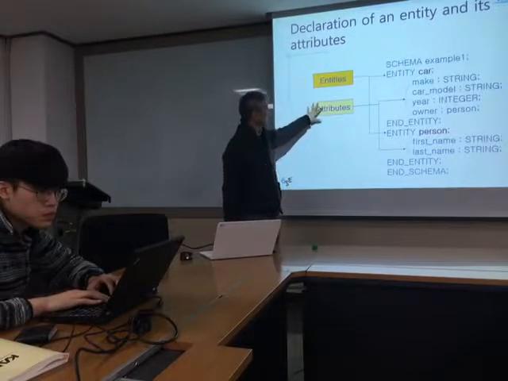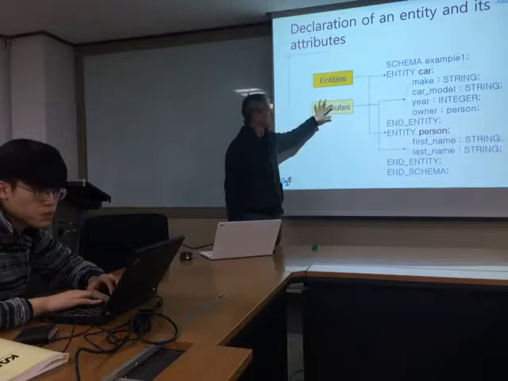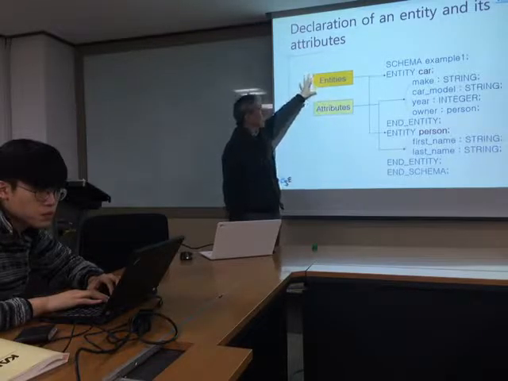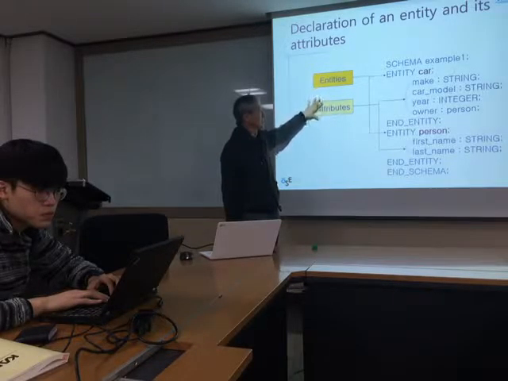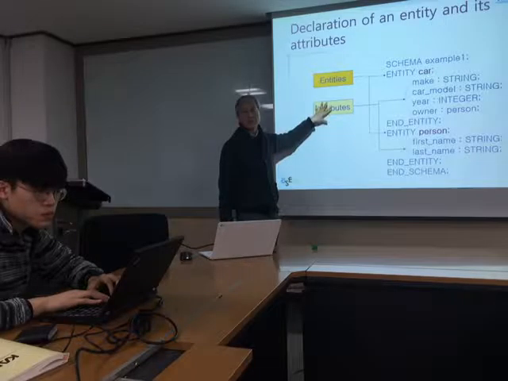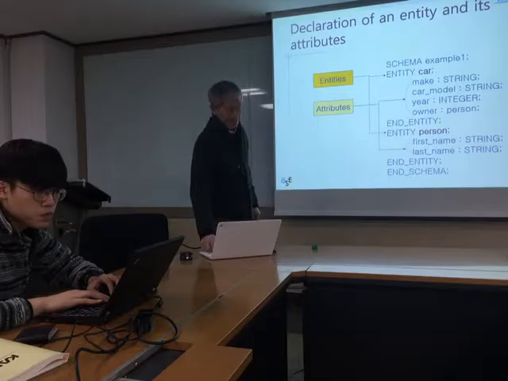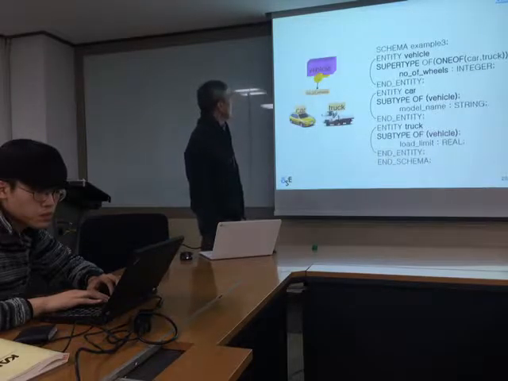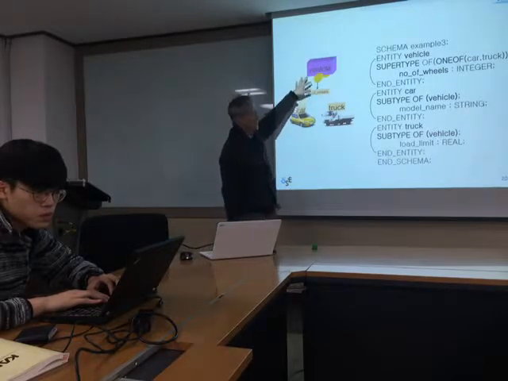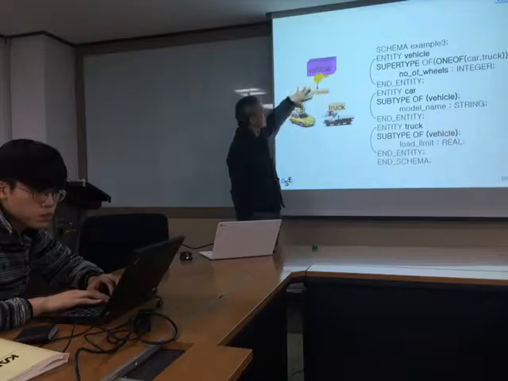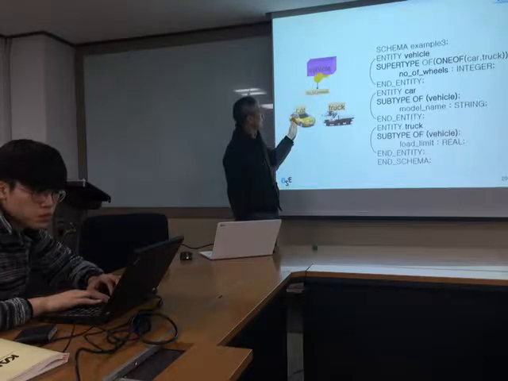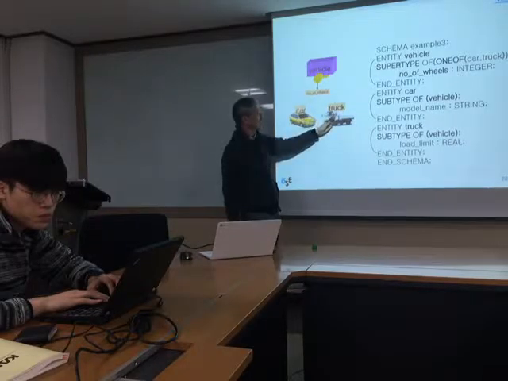so we call this property an attribute. Entity is something like a class. Attribute is something like a property of the class or an object of the class. And vehicle, once again, this is a class hierarchy. The vehicle class has subclasses of car, passenger car, and truck, commercial truck.